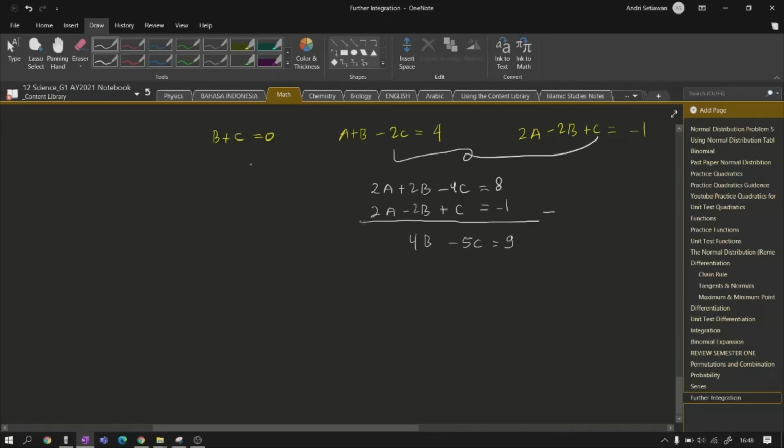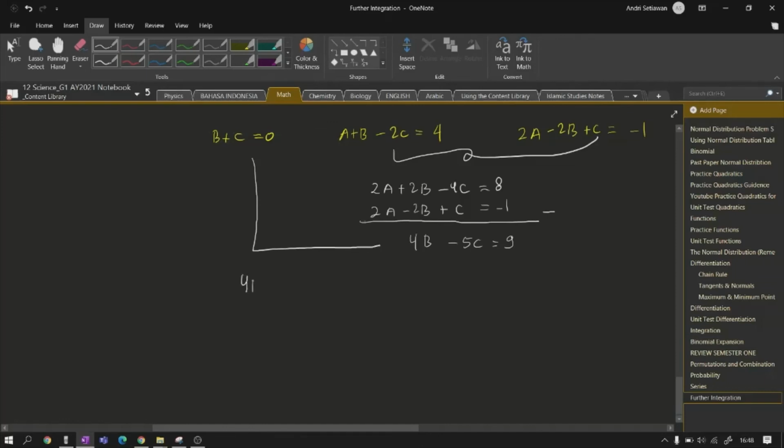Okay, we can combine this equation with the first equation. We can make the coefficient of b similar, so let's multiply it by 4.